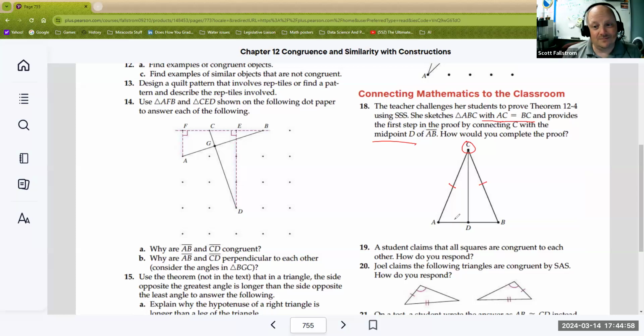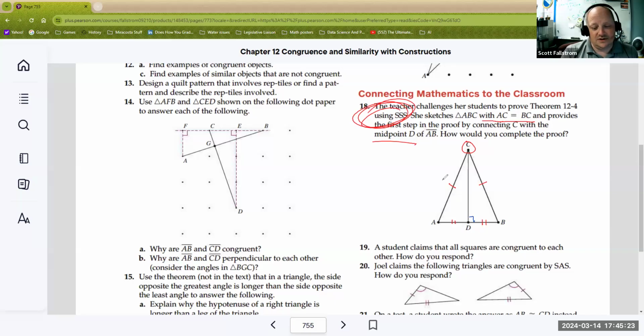It's the midpoint. So if it's the midpoint, then those 2 sides have to be the same. How would you complete the proof? Now remember, they want you to use side, side, side. You might be tempted to say something along the lines of, aha, it goes straight down, so this is perpendicular. You can't say something comes straight down, so it's perpendicular, unless you know it's perpendicular.